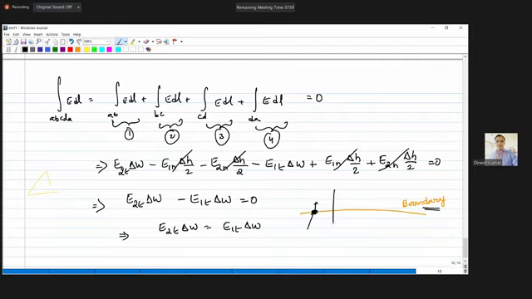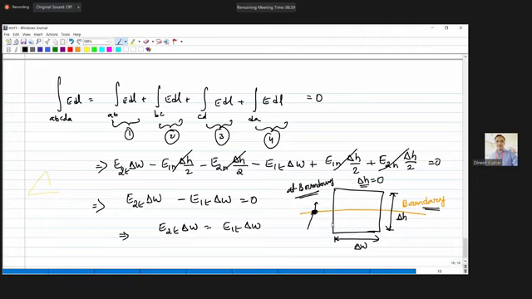See here, we have taken one loop which is of width delta W and the height is delta H. When I talk with respect to the boundary, if you look only at the boundary, you can make the height of the loop 0.